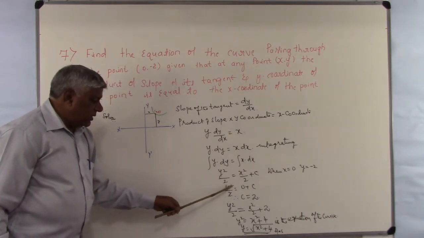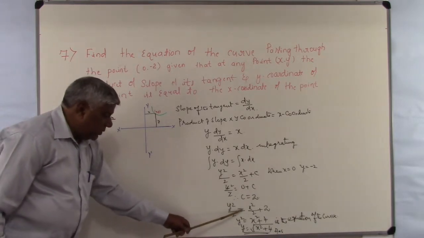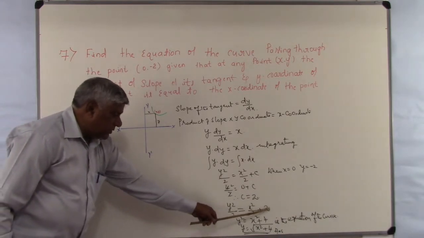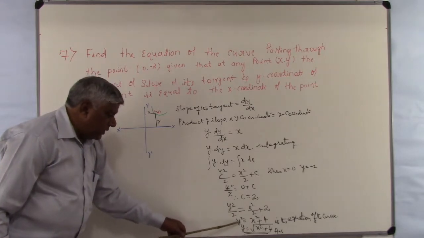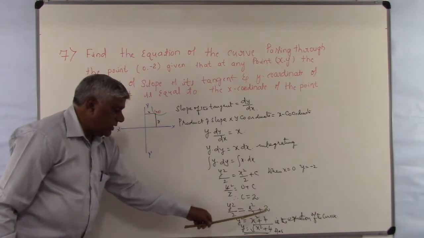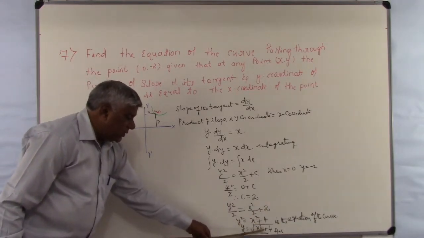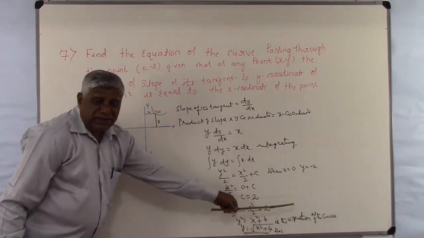Therefore, 2 2s are 4, c is equal to 2. Therefore, y square by 2 is equal to x square by 2 plus 2. Or y square is equal to x square plus 4. Therefore, y is equal to square root of x square plus 4 is the equation of the curve.